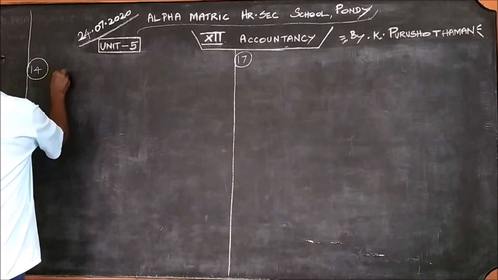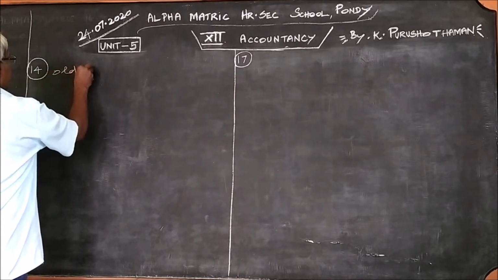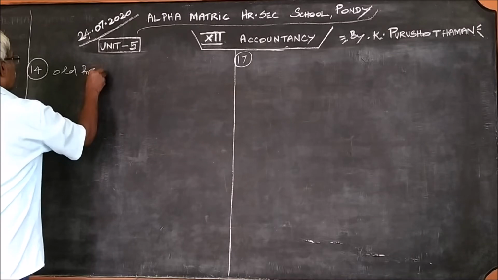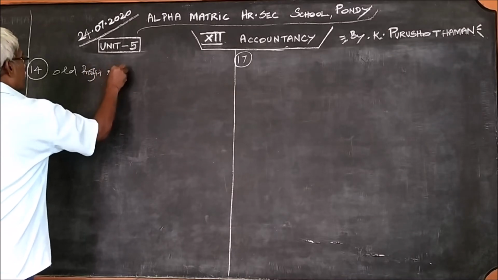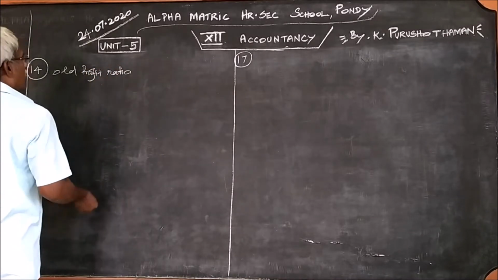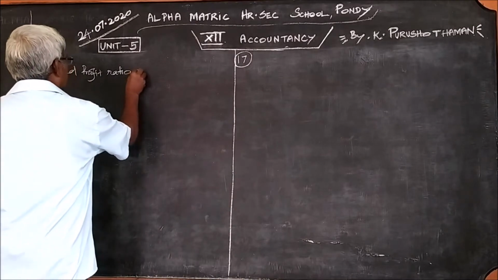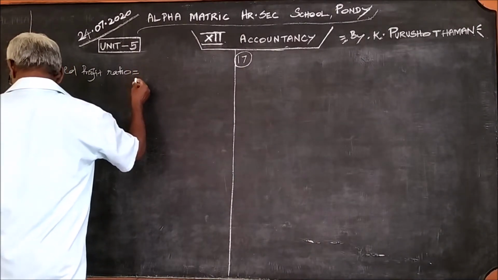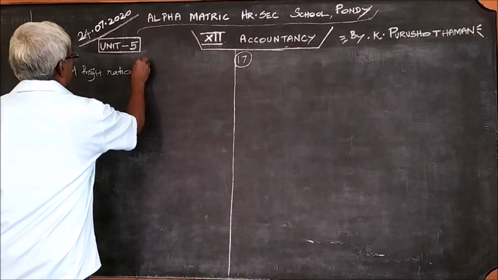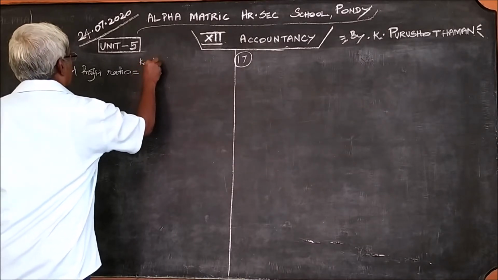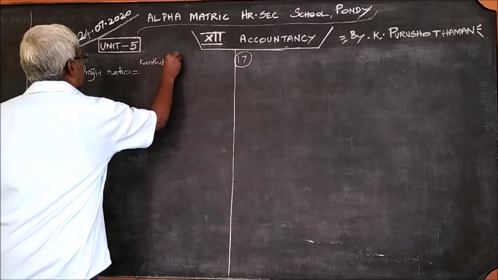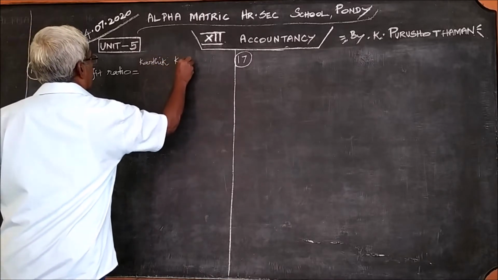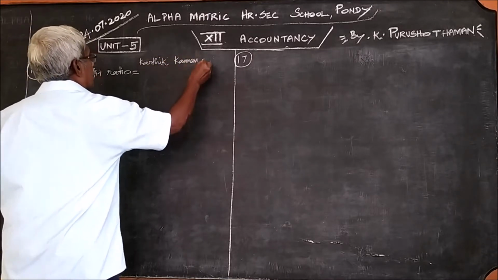Old profit ratio: equal partners. Therefore, who are the three partners? Karthik, Kannan, Kailash.